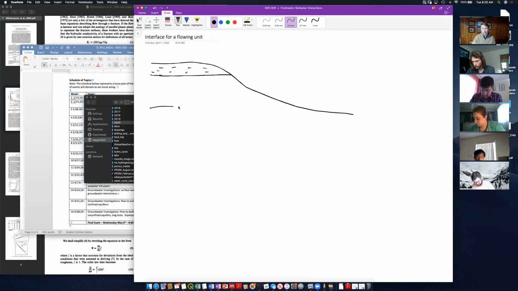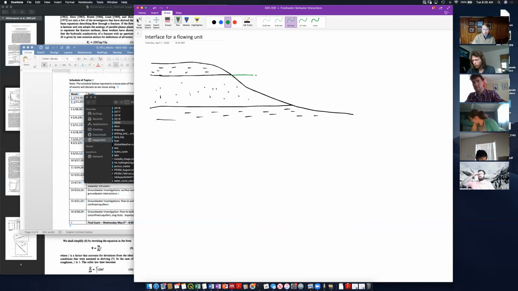And then we've got a confined aquifer. And another confining unit here. And for now, let's say that our sea level is coincident with the upper boundary of our confining unit.